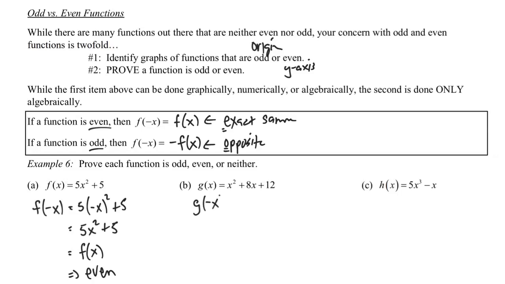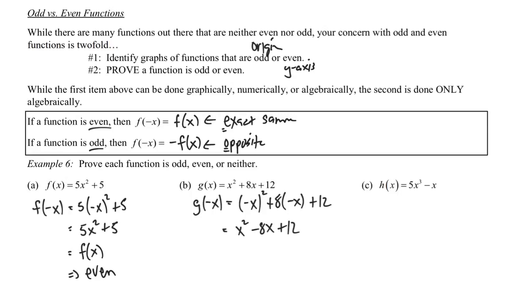Okay, letter B, we're going to do the same thing. We're going to substitute negative x in for x. This is going to be negative x squared plus 8 times negative x plus 12, and then simplify. So negative x quantity squared again just goes back to positive and becomes x squared. 8 times negative x becomes negative 8x, and then plus 12.